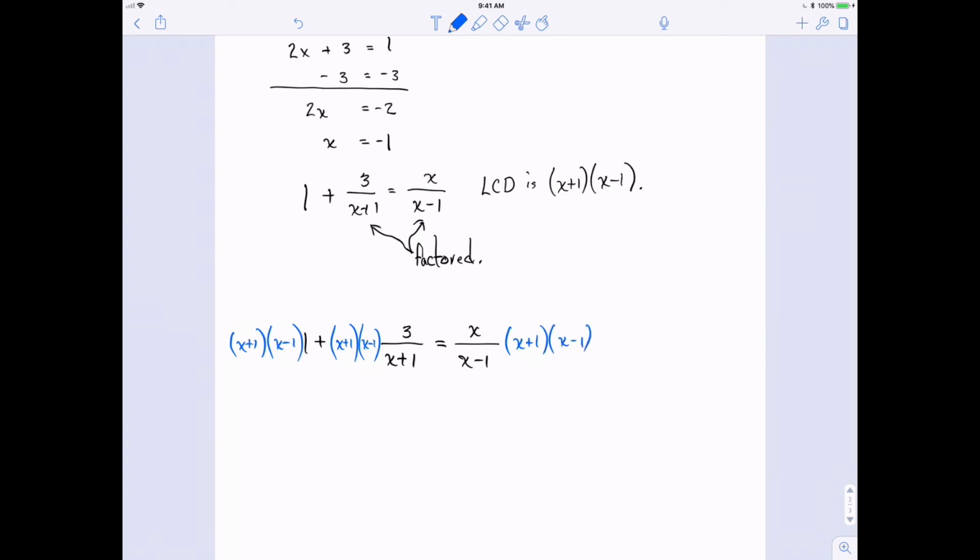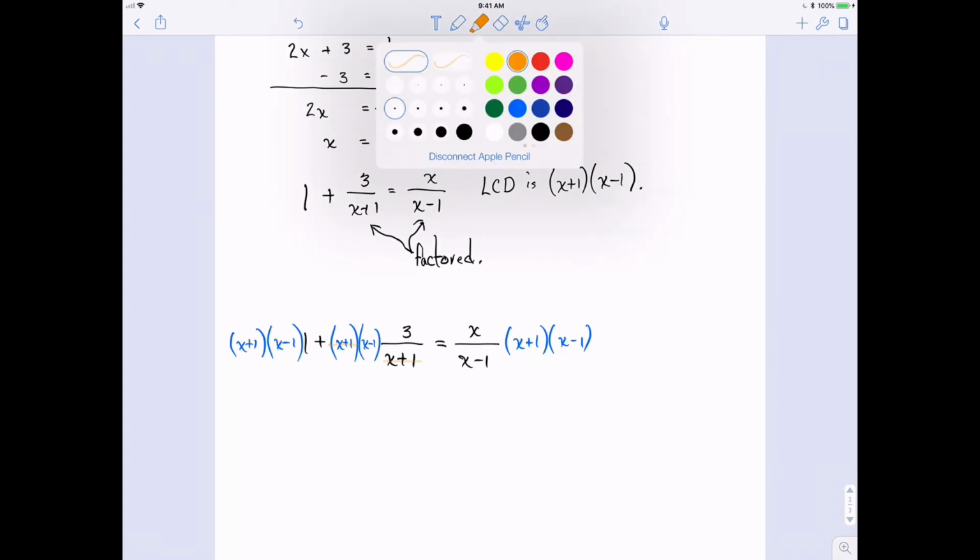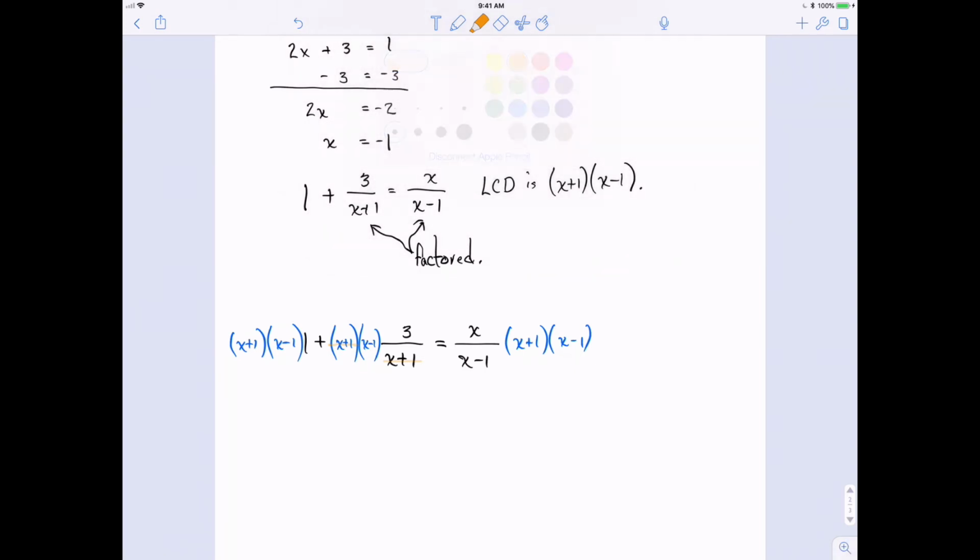Okay, now let's look at what we've just done. Notice on the left-hand side, there's an x plus 1 in the denominator, and an x plus 1 in the numerator. Those would cancel. And we can do this again. On the right-hand side, there's an x minus 1 in the denominator and an x minus 1 in the numerator, so those would cancel.